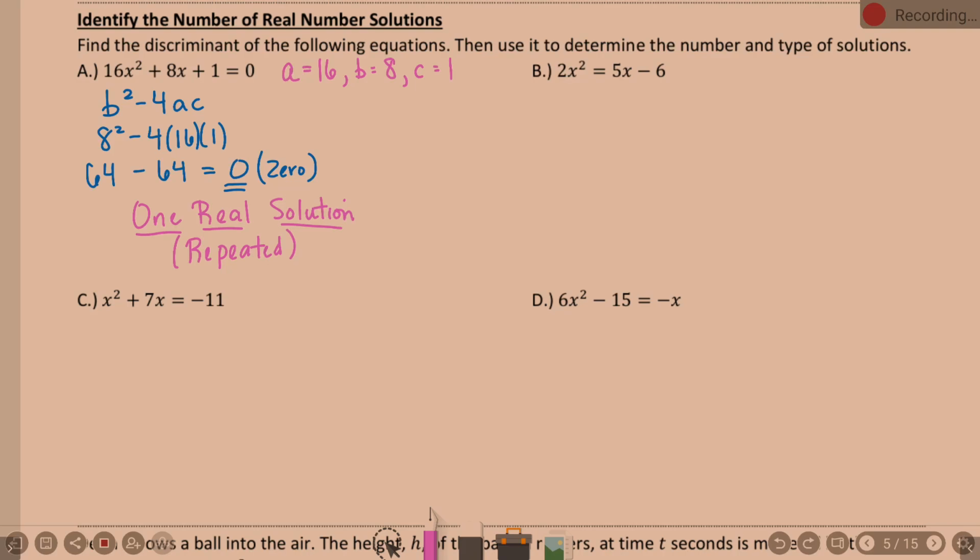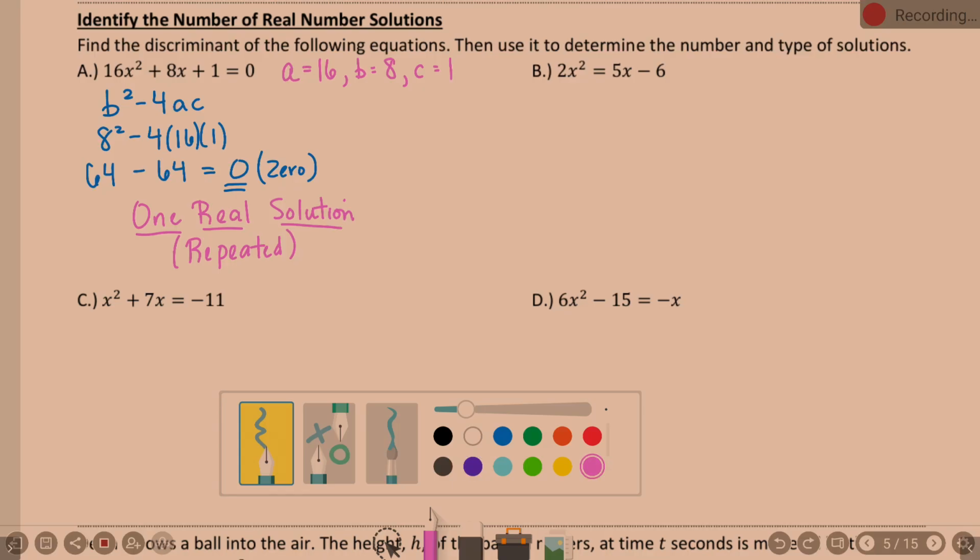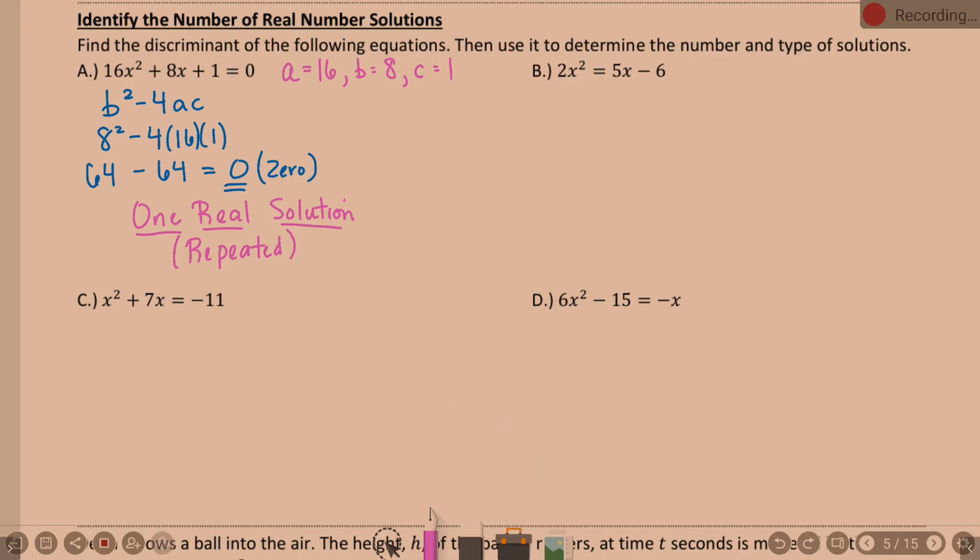Okay, let's look at B. 2x squared equals 5x minus 6. What has to be done first here? Your equation needs to equal 0 before you talk ABCs. I still like to go for a positive x squared, so I would subtract the 5x and add the 6.